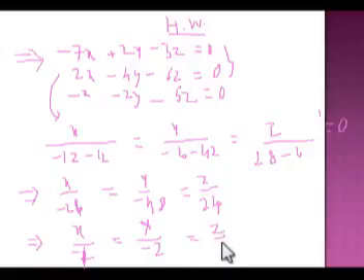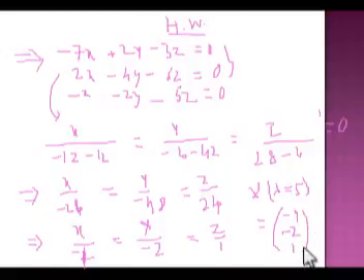So we can take at least one eigenvector related with 5. I am writing the eigenvector related with 5: one solution, one eigenvector, minus 1, minus 2, and 1.